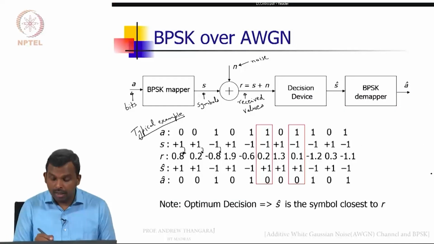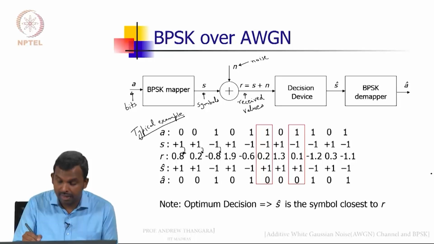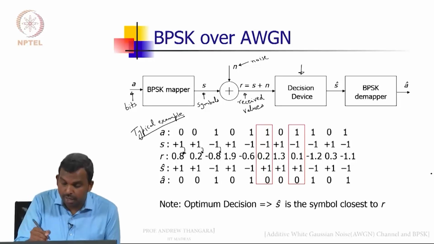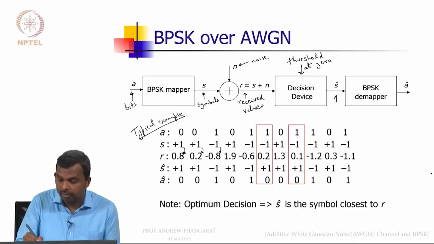Okay. So, here what I have done after the received values I received is, this is a thresholding at 0. Okay. And here I have estimated symbol.